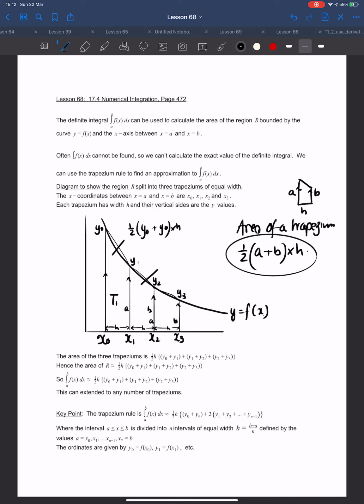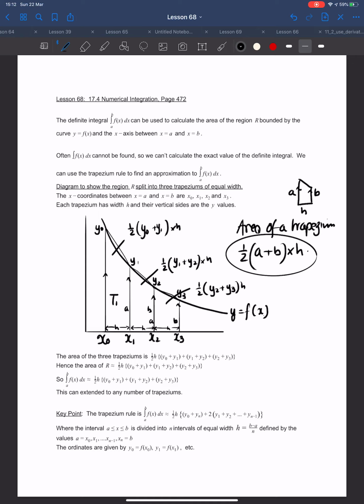The next one is a half of y1 plus y2 times h, and the last area is a half of y2 plus y3 times h.